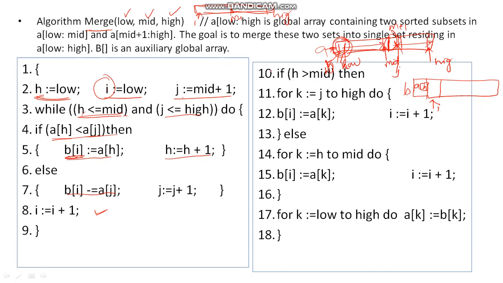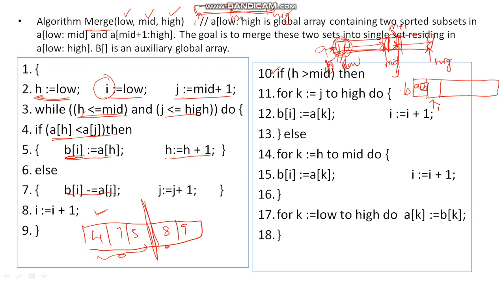Now in this part, it may happen that in your array, let us consider one example. Let us say there are two subarrays. This is the first subarray, which contains 4, 7, 5, and the second subarray contains 8, 9, and these two are sorted.